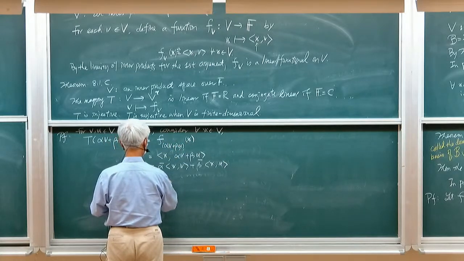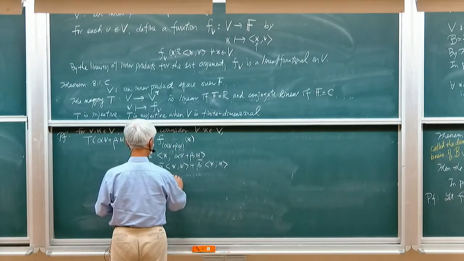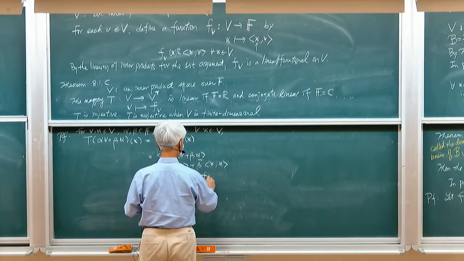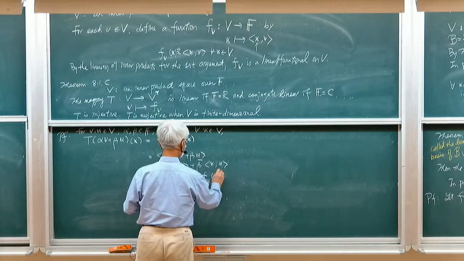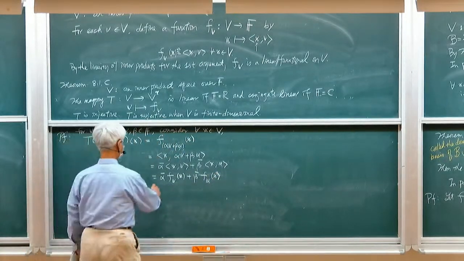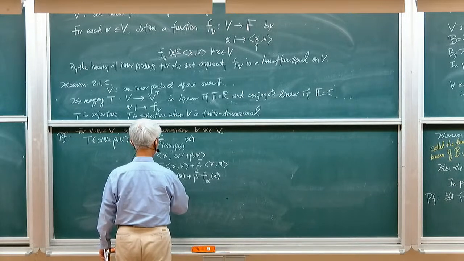And so this is alpha bar f_v(x) plus beta bar f_u(x).